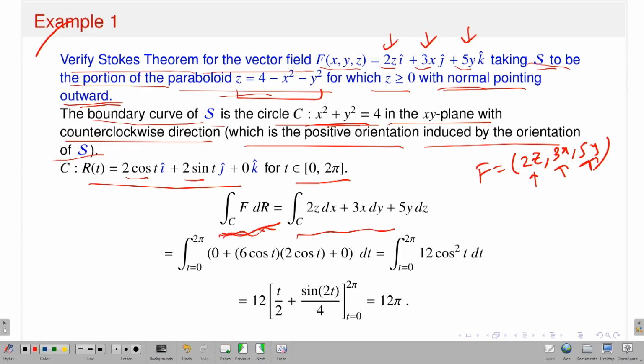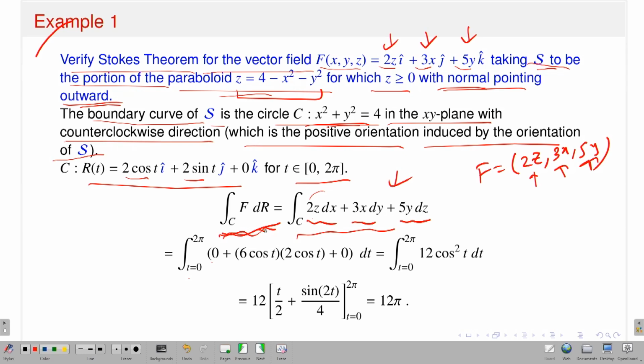So let's calculate the left hand side, that means the vector line integral of capital F over C, which is M dx plus N dy plus P dz. Just use the definition of the line integral. That means t from 0 to 2 pi; z is 0, so the first term does not contribute anything.